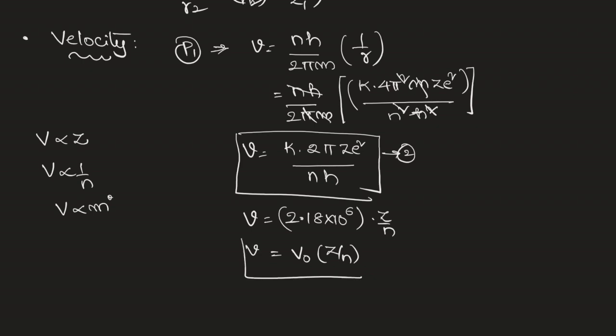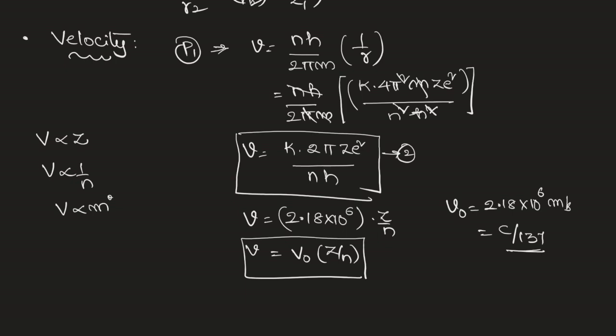This is the velocity equation. And this v naught value, 2.18 into 10 to the power of 6 meter per second, is approximately equal to c by 137, where c is the velocity of light. That is about velocity.